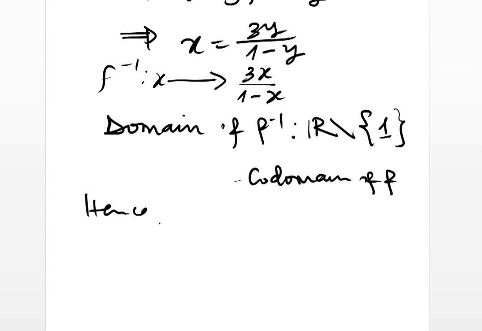Hence, F is surjective. And you conclude now that since F is both injective and surjective, therefore it is bijective. That is bijectivity.